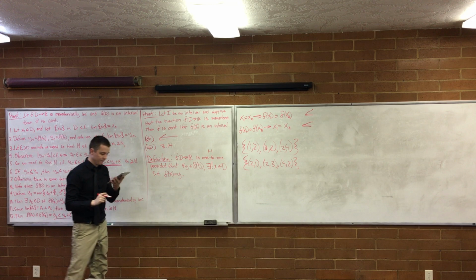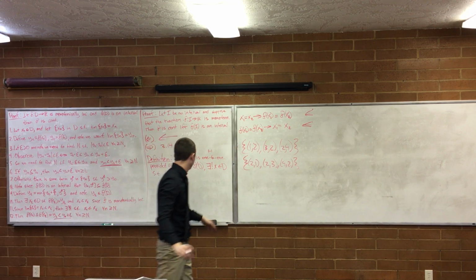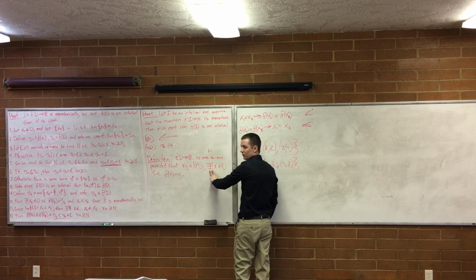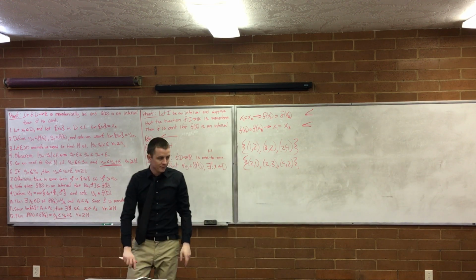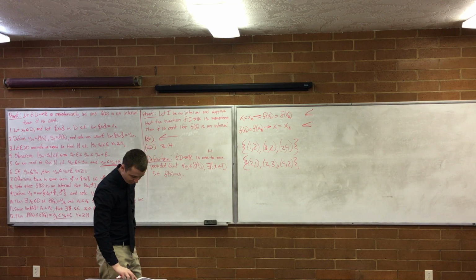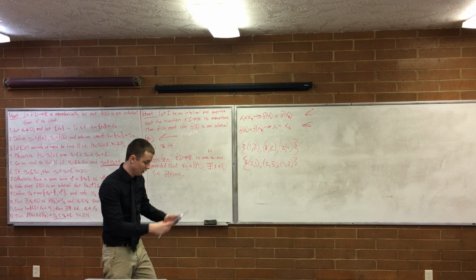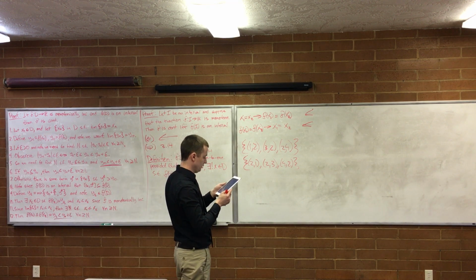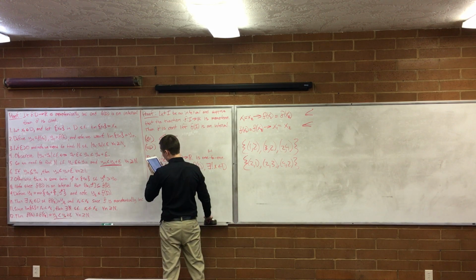Does that make sense? Have you guys seen this notation before? There exists one and only one, instead of just there exists. You've done proofs in the past using that. All right, there it is.